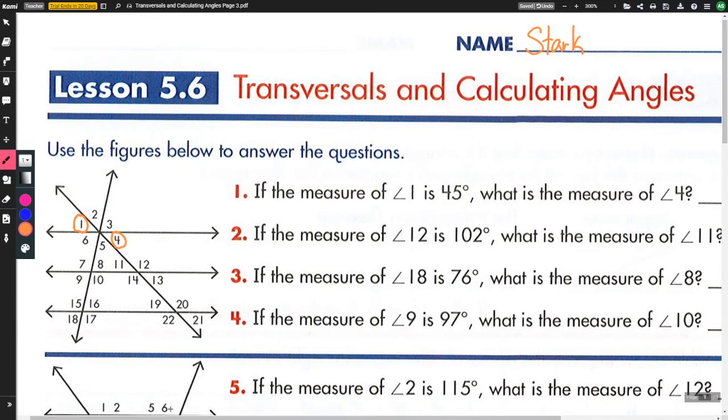Okay, number 2. If the measure of angle 12 is 102 degrees, what is the measure of angle 11? So we have angle 12 and angle 11. I can see from here that angle 11 and angle 12 make a straight line.